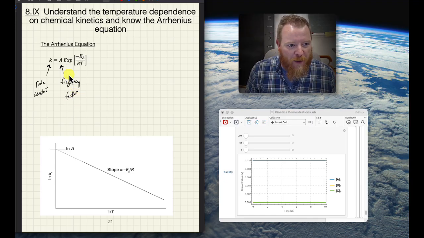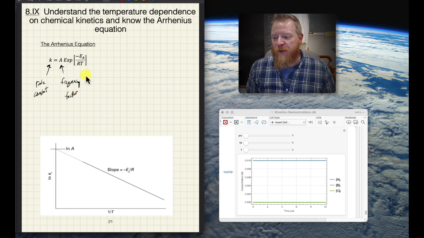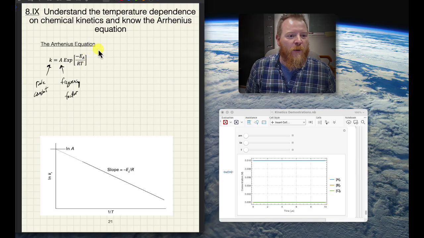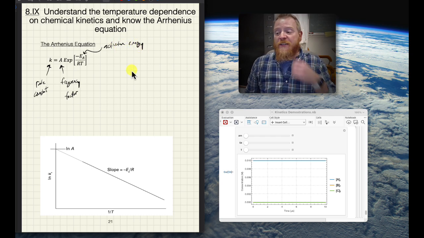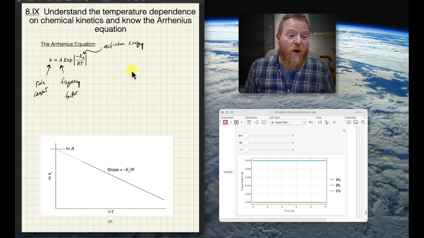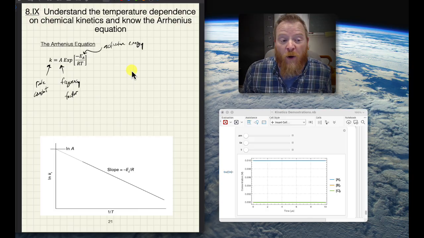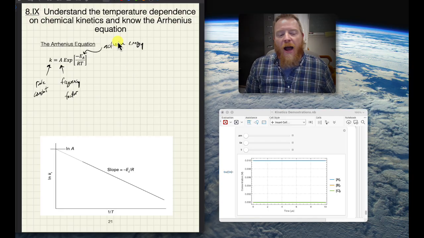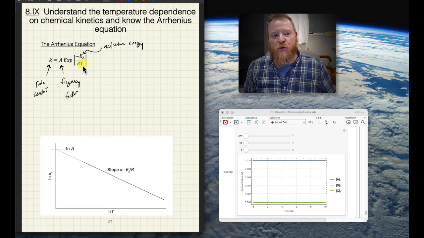And I'll talk more about this in a moment once I've described everything else. So Ea, that is our activation energy, which we can really think of as the minimum threshold required for a reaction. And then R and T have their usual meaning.